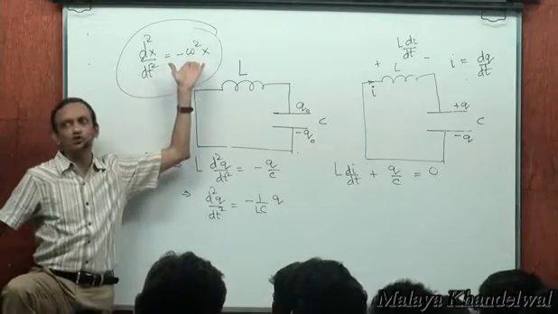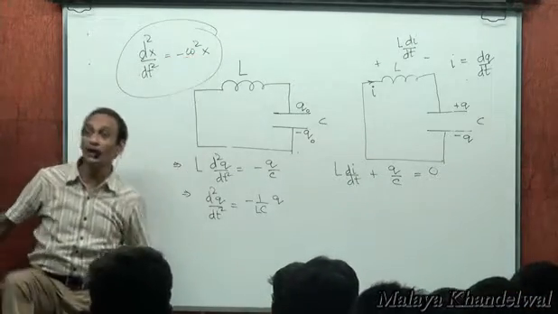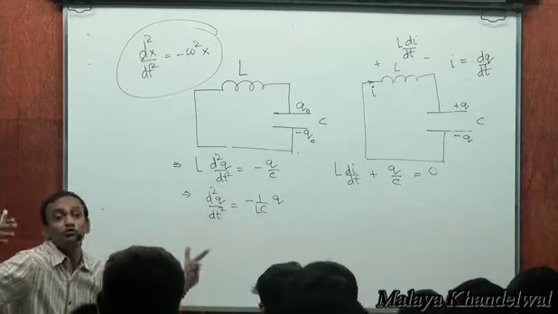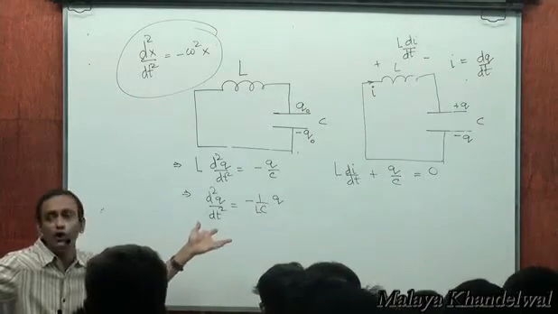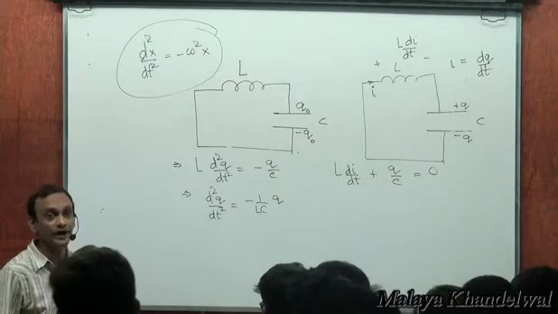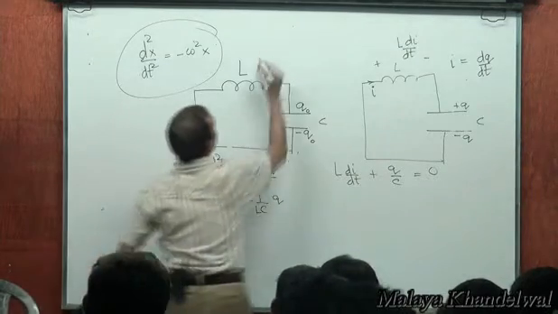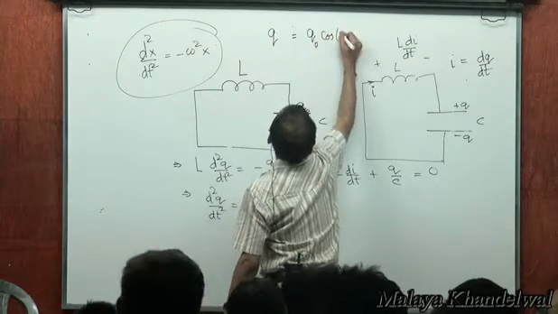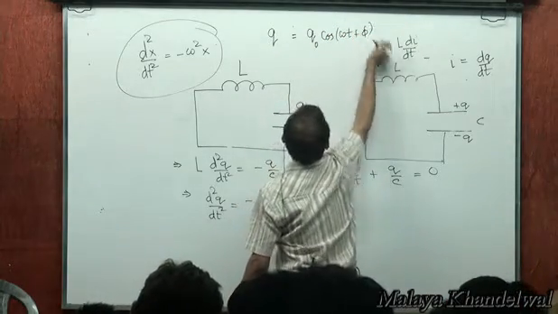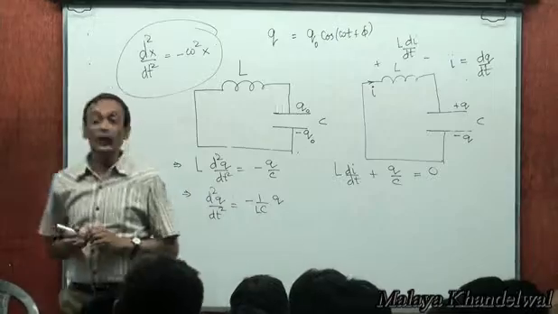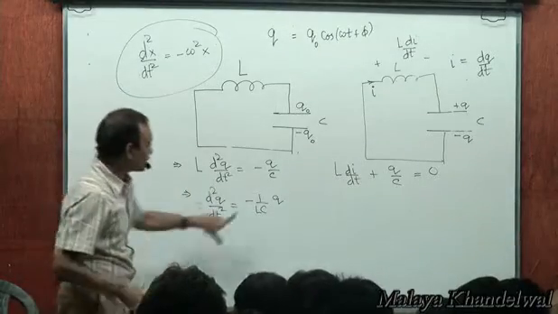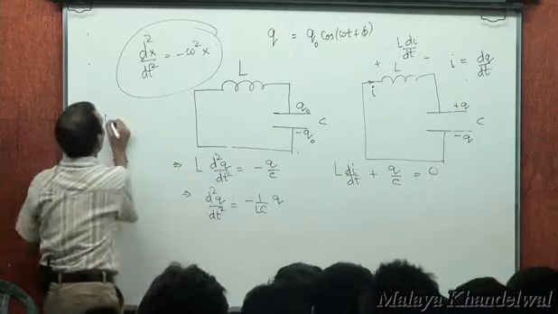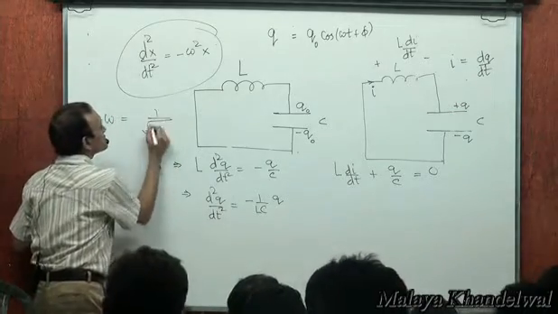If it has popped out a solution x equal to A cos(omega t plus phi), then it will pop out a solution q equal to q naught cos(omega t plus phi), where the new omega is such that omega squared is 1 by LC. So omega would be 1 by root LC.